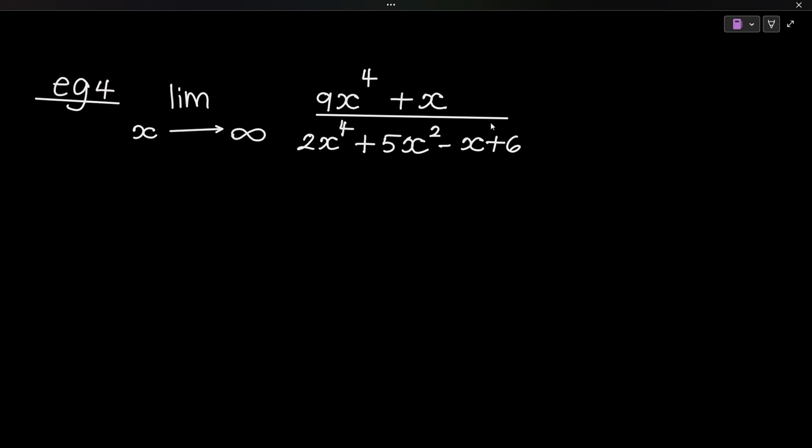So the first step is to identify the term from the denominator that has the highest exponent of x, which in this case is x to the power 4. We're going to divide throughout by x to the power 4.